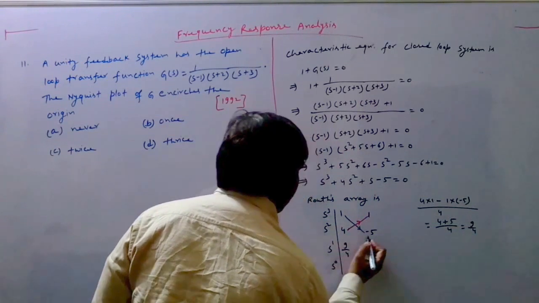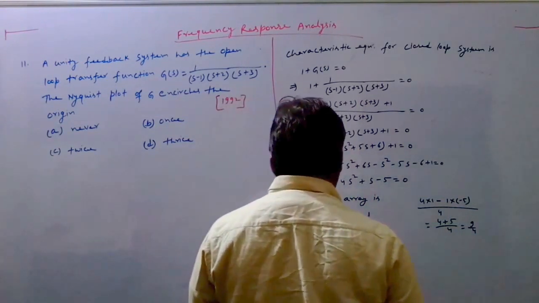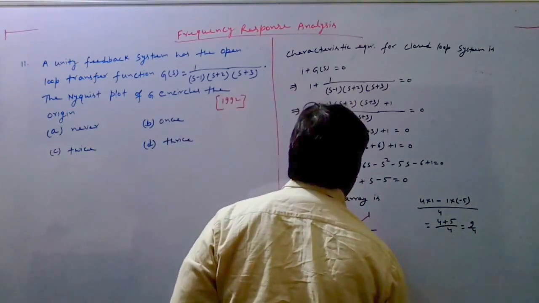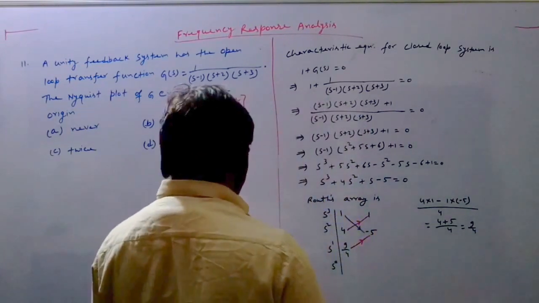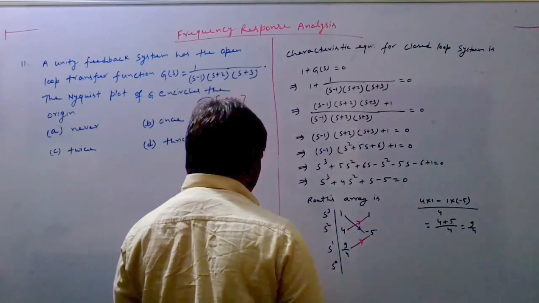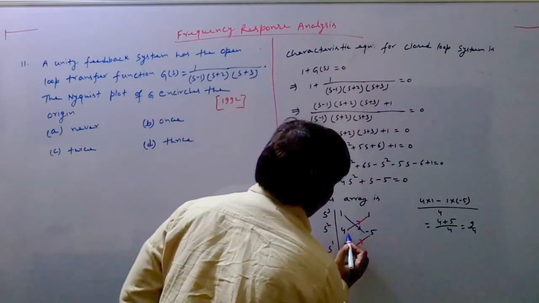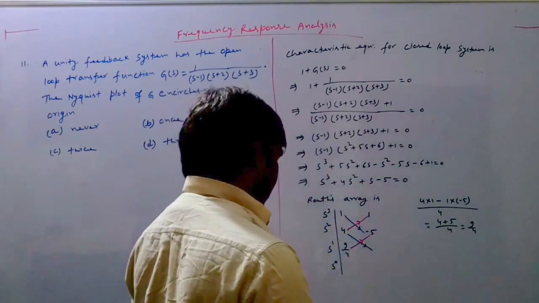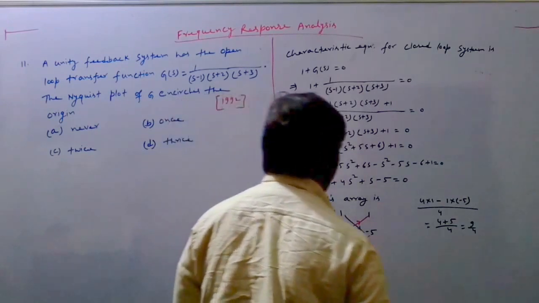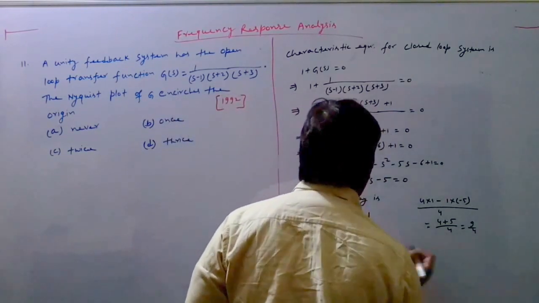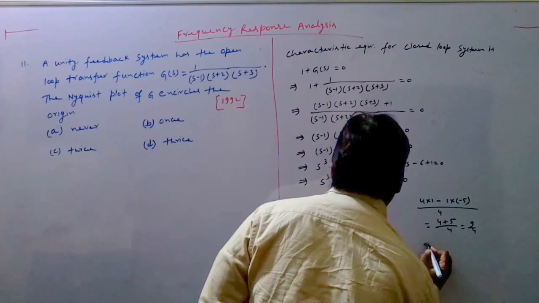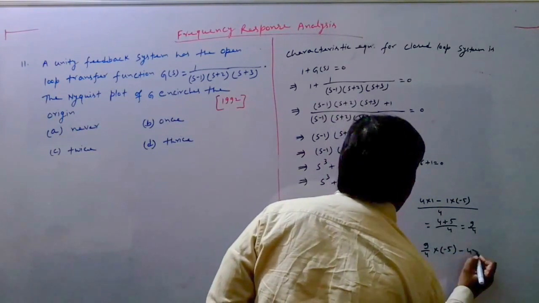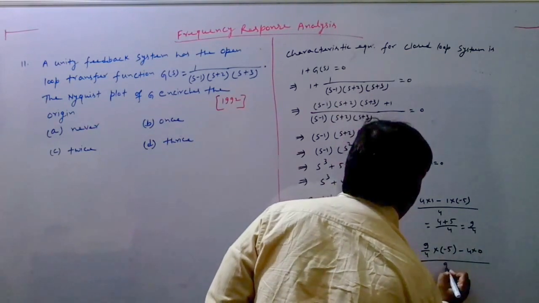Now s to the power 0 will be calculated as follows. 9 by 4 multiplied by minus 5, minus 4 multiplied by 0, divided by 9 by 4.